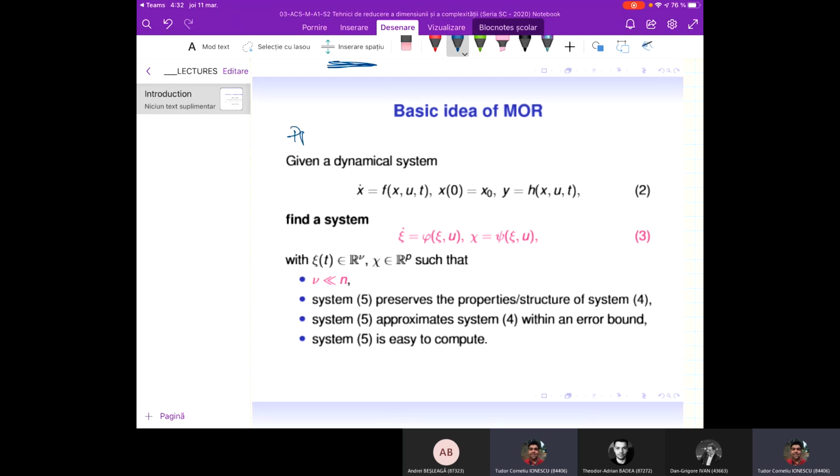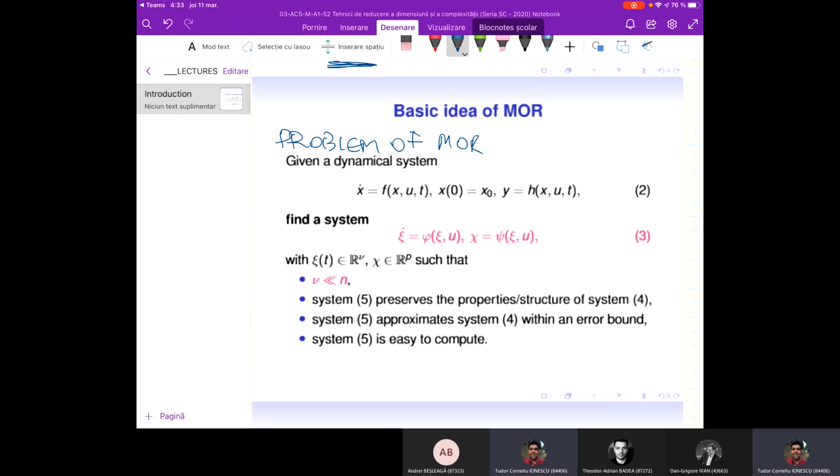This is the problem of model order reduction. Given a dynamical system with an initial condition and a specific output, the output being that which can be measured, so you cannot measure the states, but you can certainly measure the output, because that's why it's called an output.